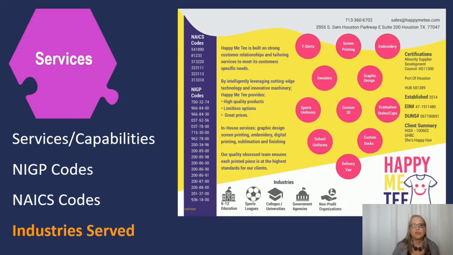Another thing you can put on your capability statement is the industries in which you do the work. So Happy Teas, they do nonprofit, higher ed, and elementary schools. They're targeting these specific clients. This is stating, I'm already working in this area. I've already done work with other K through 12.